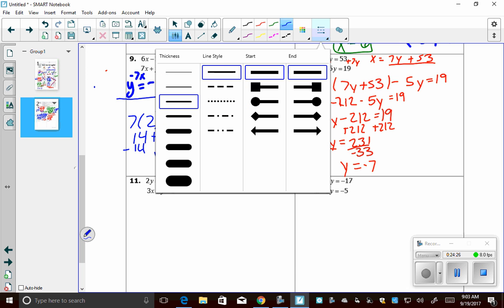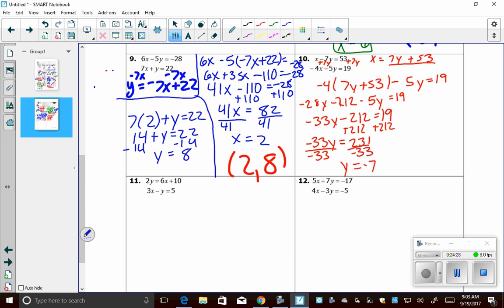Plug in negative 7 back in for y. It doesn't matter which one you want to do, but I'm going to use the first one. So I'm going to have x minus 7 times negative 7 is equal to 53. Negative 7 times negative 7 gives me a positive 49, equals 53.